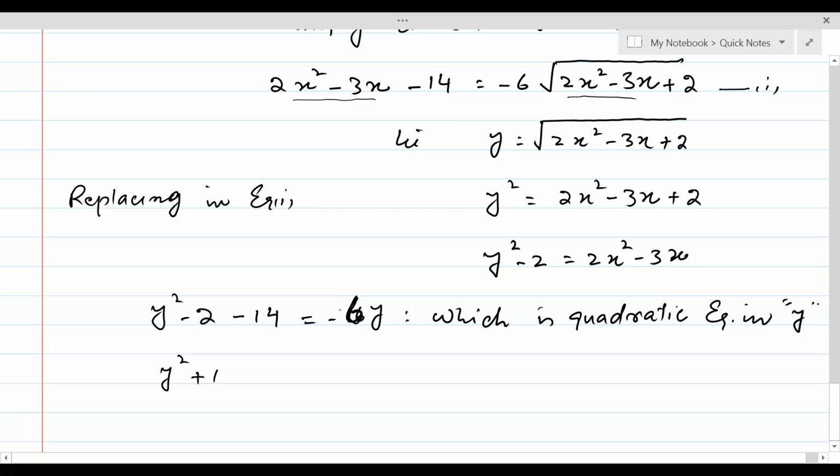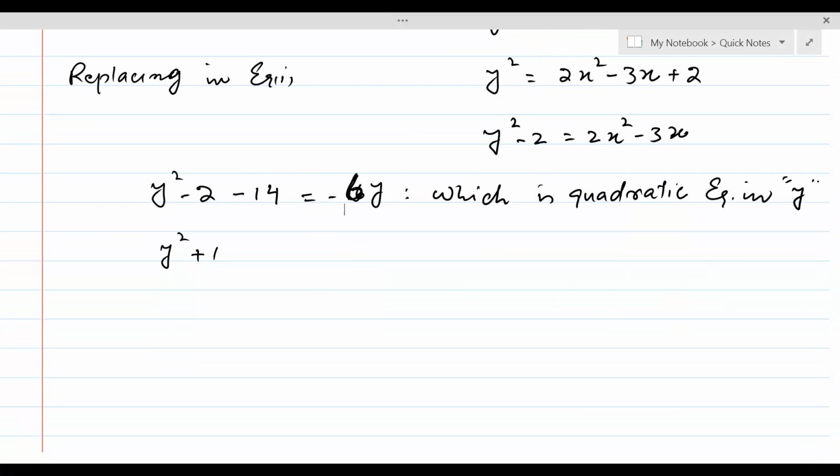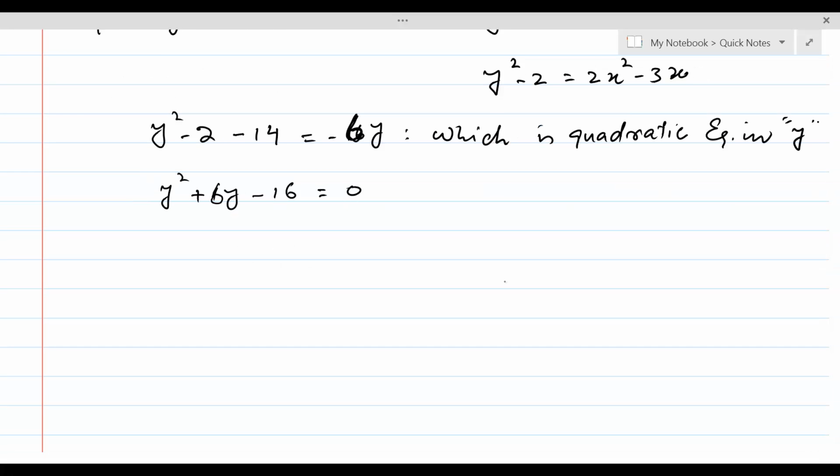In fact, minus 6. So this is y square plus 6y minus 16 is equal to 0.